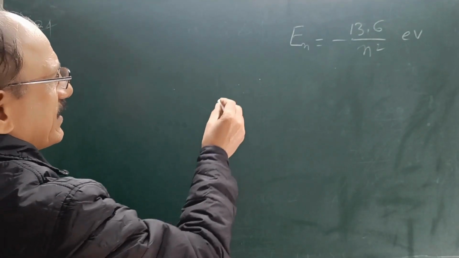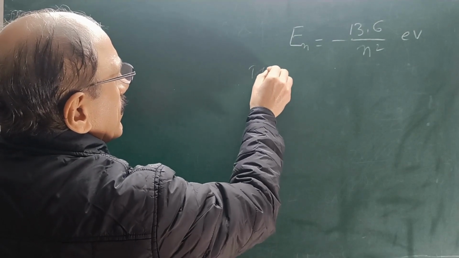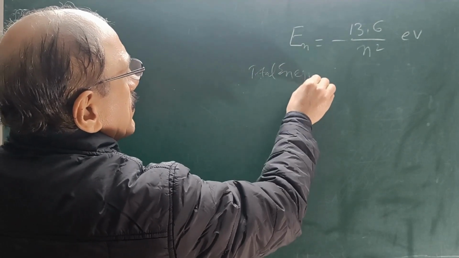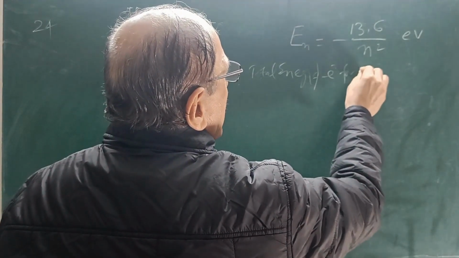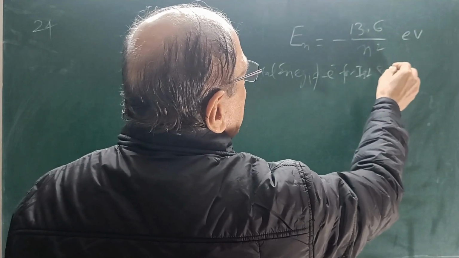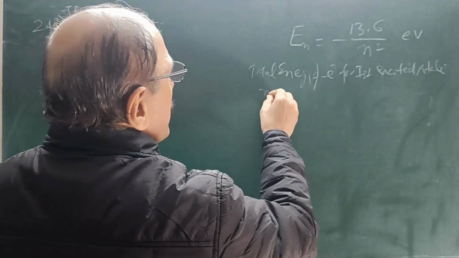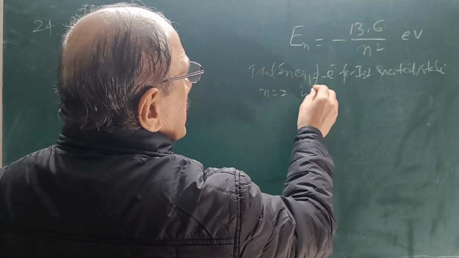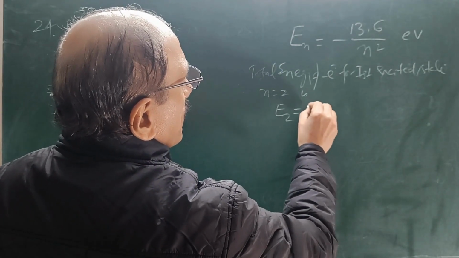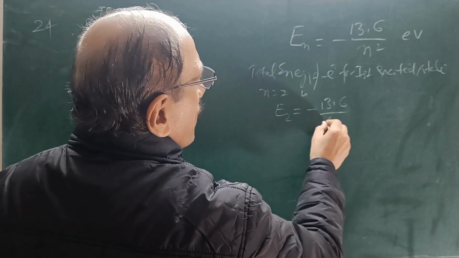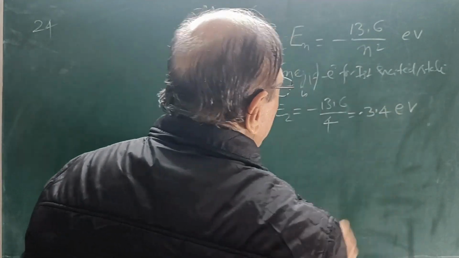For the first excited state, the total energy of electron, that means n equals 2, is minus 13.6 divided by 4, that is minus 3.4 electron volt.